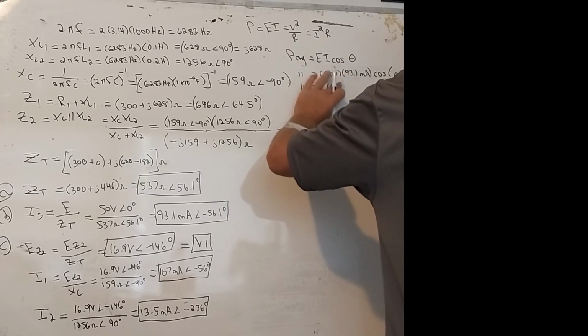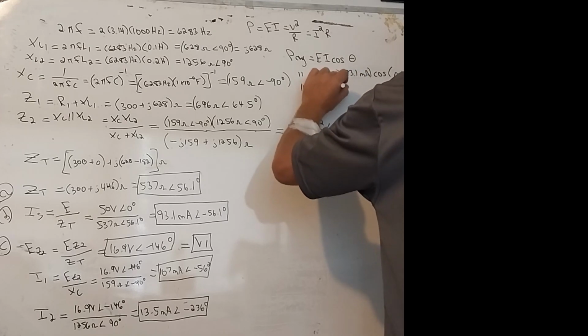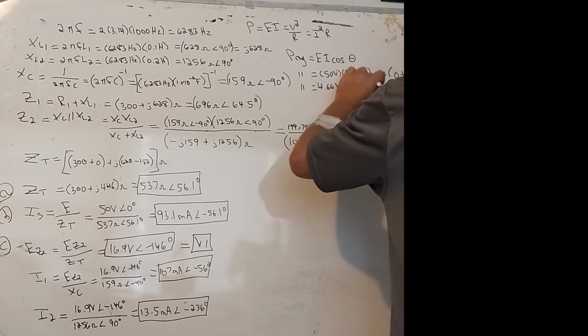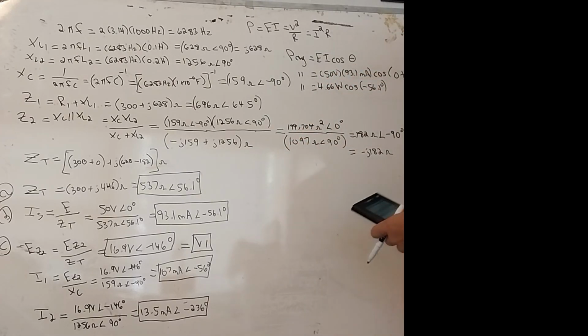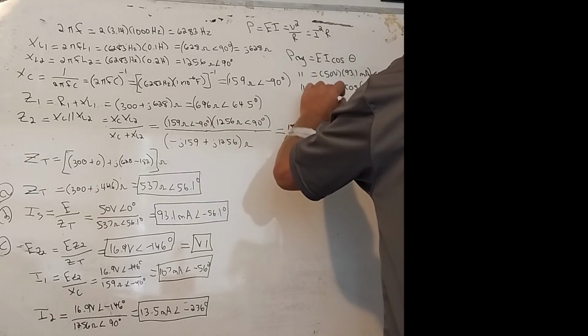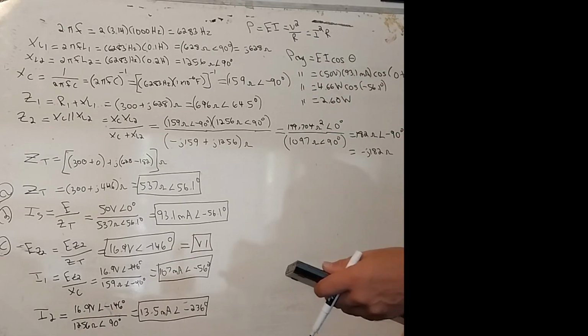Oh, sorry, that's voltage times current, that's watts, times the cosine of negative 56.1 degrees. So I take the cosine of negative 56.1 and I'm left with 2.60 watts. And I did it to 3 significant figures.